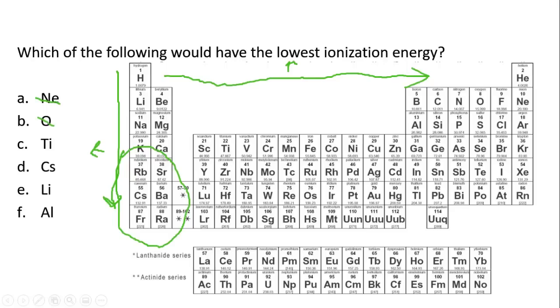Of course not. Now we're left with titanium, cesium, lithium, aluminum. So aluminum is over here. Titanium is a transition metal, then lithium, and cesium. So cesium is in this area that has very low ionization energy. So cesium would have the lowest ionization energy.